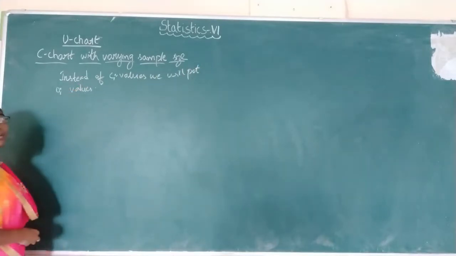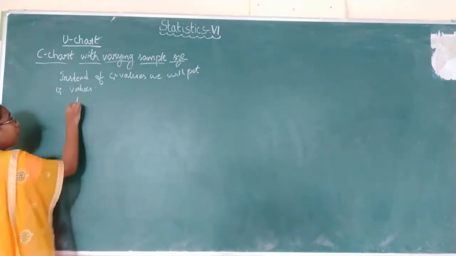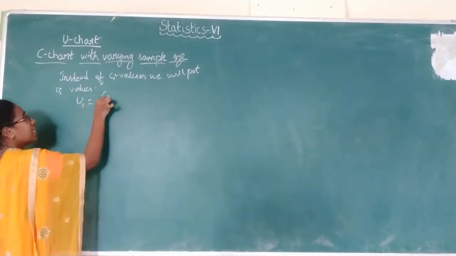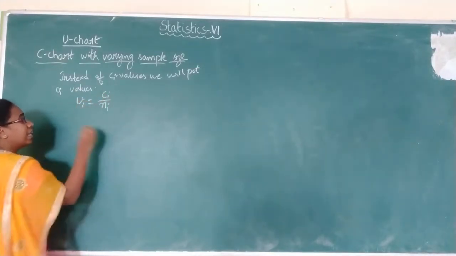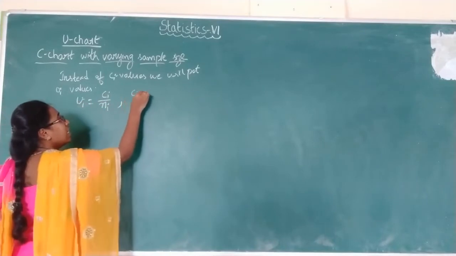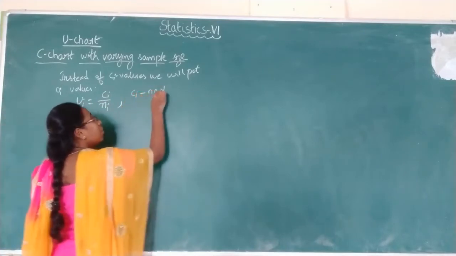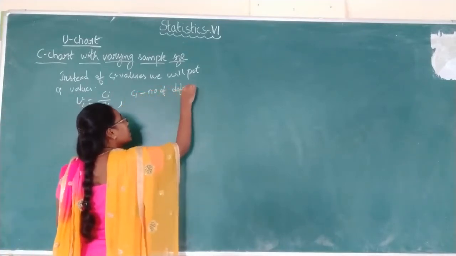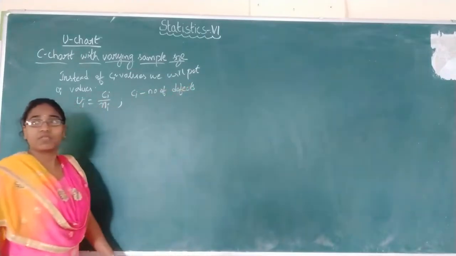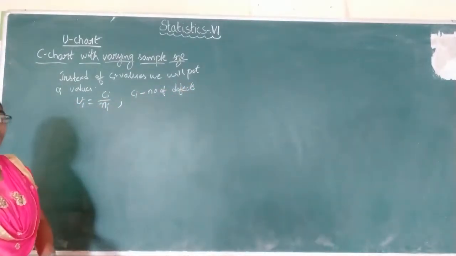What are the Ui? Ui equals Ci by Ni. Here Ci is the number of defects, which will be specified in our question.